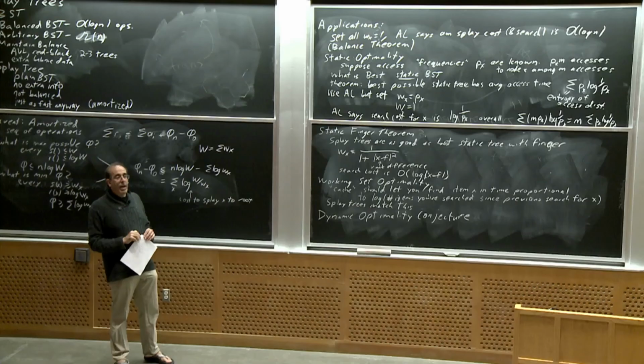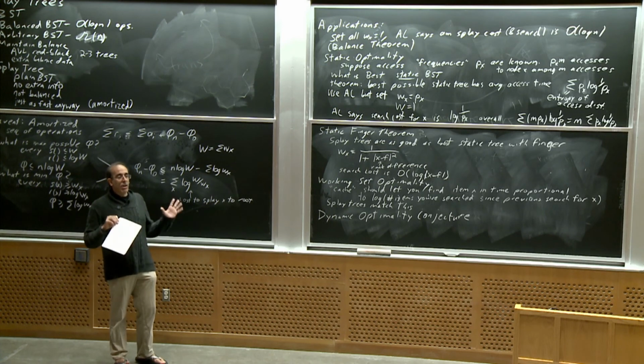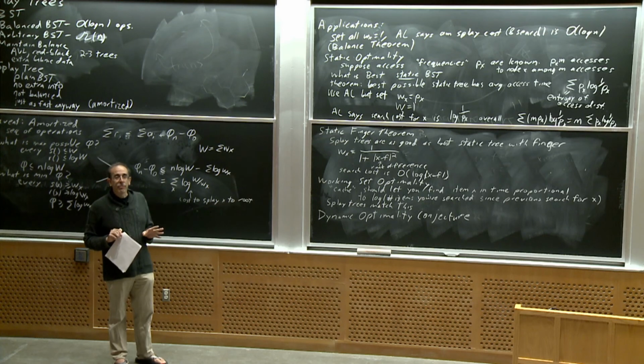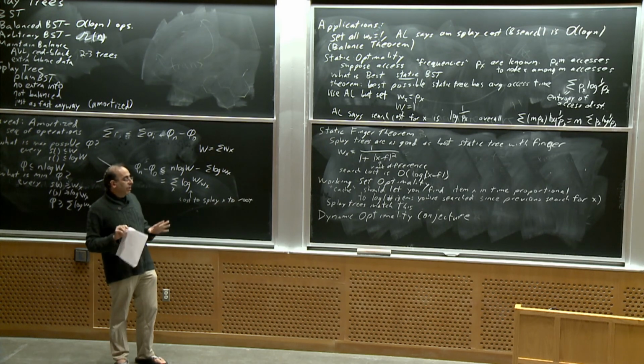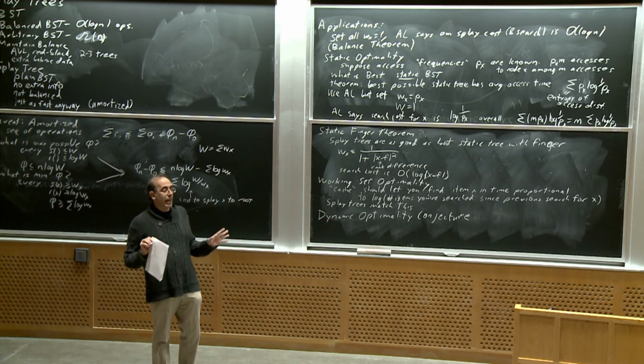So the dynamic optimality conjecture says that splay trees will do as well as any other strategy for maintaining a tree and modifying its shape whenever you like using rotations. Basically, the conjecture is that splay trees are the optimal way to rotate trees to give you the fastest possible access to any sequence whatsoever.